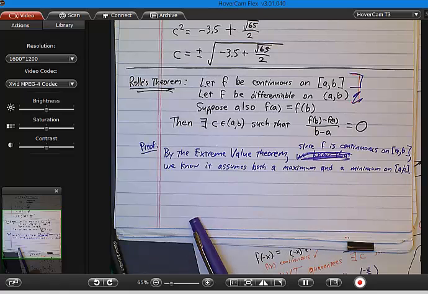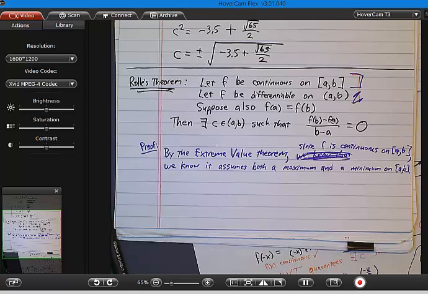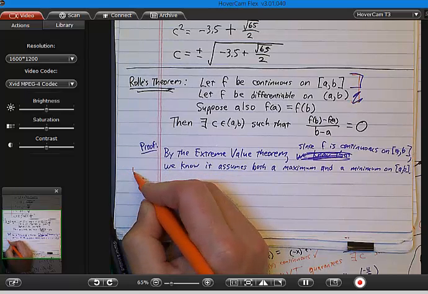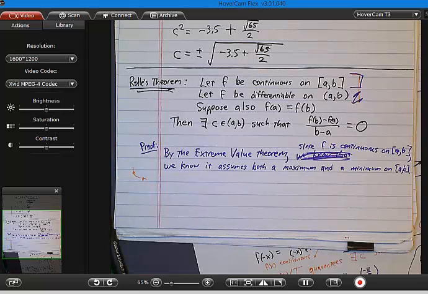It could start growing, squiggle, and then continue to grow. Like if you did 1 over x on some closed interval, you'd have a maximum here and a minimum here at the endpoints. That's right.